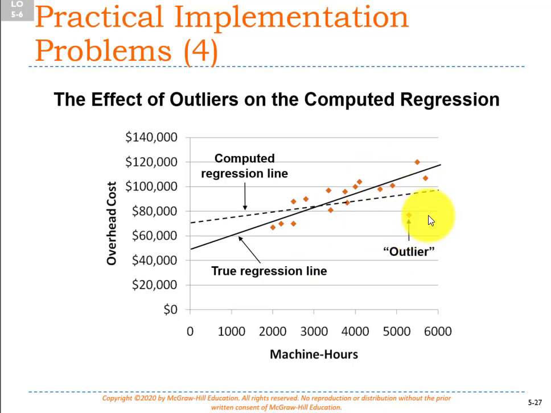So if there was a mistake, or if this is just a fluke of a month, maybe utilities in a month that got really, really hot, or some other overhead cost, maybe there was a breakdown, something that made this way out of line, you might want to throw it out, because it might not be a good way to utilize the data to predict the future.